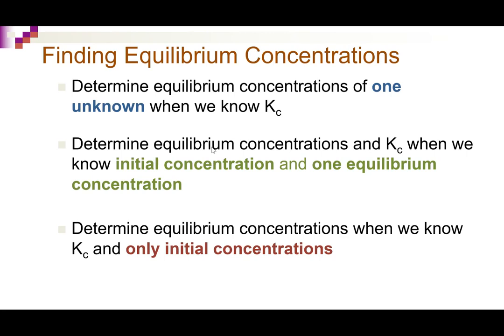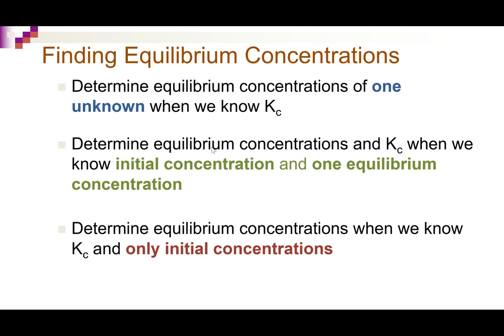While this is the hardest of the three categories, it's also probably the most realistic. We can manipulate initial concentrations pretty easily, but sometimes calculating the final concentrations is a little bit trickier. How do you isolate just one of the molecules to get the equilibrium concentration? So certainly the most difficult, but also the most realistic.